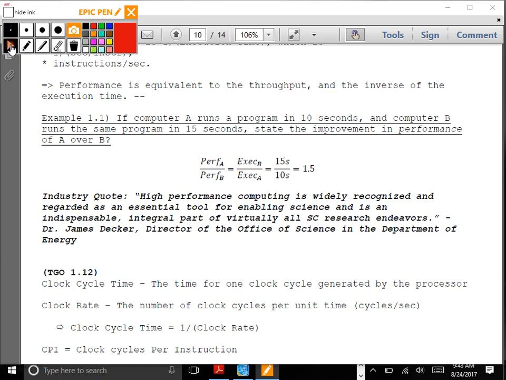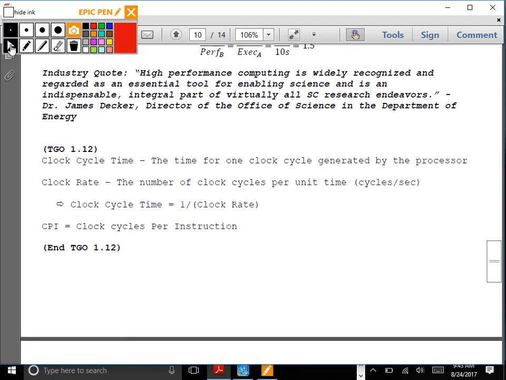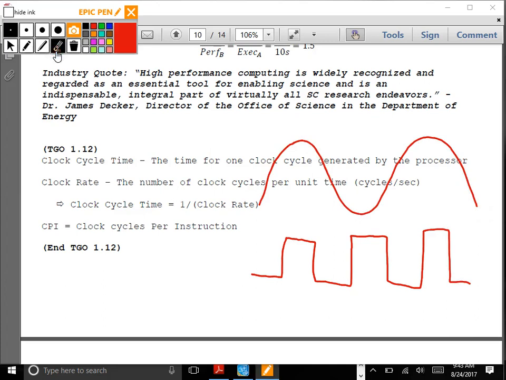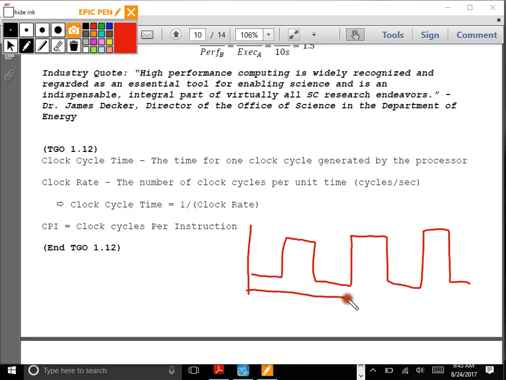All right, so topical guide objective 1.12, this is where the terminology gets a little more complicated. So clock cycle time is the time for one cycle generated by the processor. What we mean by that is if you've ever seen a digital waveform, since you have advanced digital systems, or if it's an analog, you're familiar. With a digital system, we have the beginning of one, this is one clock cycle.